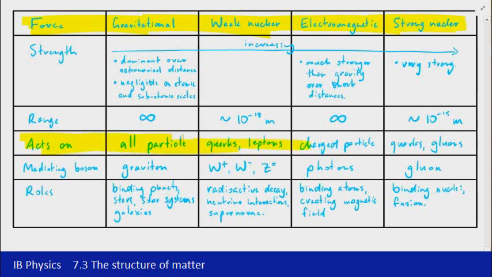So you need to know what particles they act on, and finally the mediating boson as well. Those are the things in the data booklet that you can just look up. You don't have to memorize those, but over time, if you're using these terms regularly, you will start to remember which is which. But there's the detail that's actually in the data booklet itself.